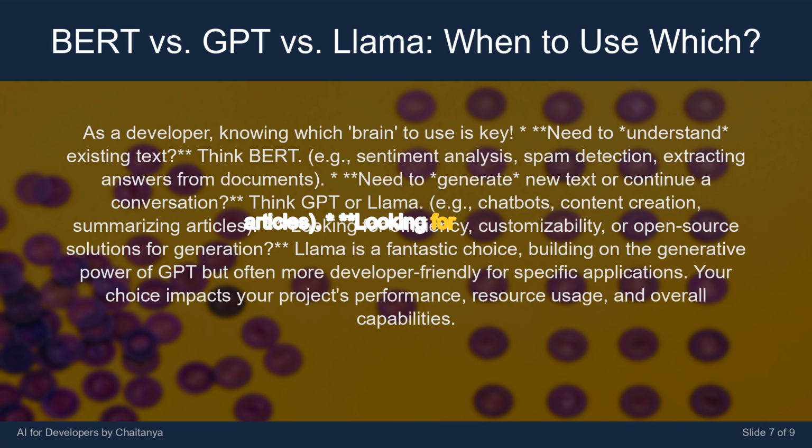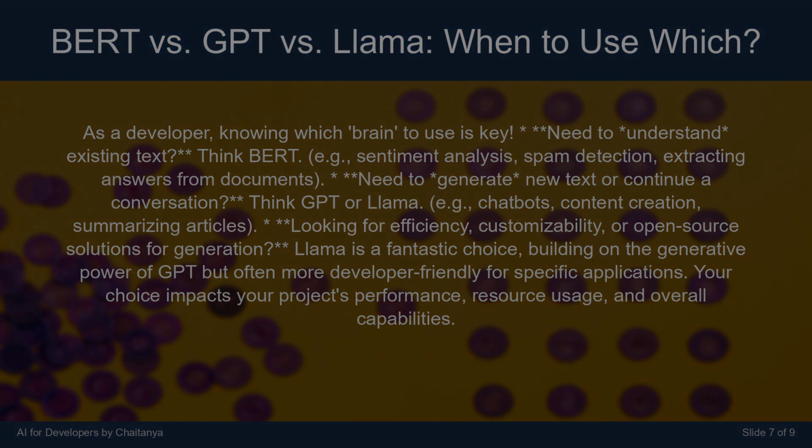Looking for efficiency, customizability, or open source solutions for generation? Llama is a fantastic choice, building on the generative power of GPT but often more developer-friendly for specific applications. Your choice impacts your project's performance, resource usage, and overall capabilities.